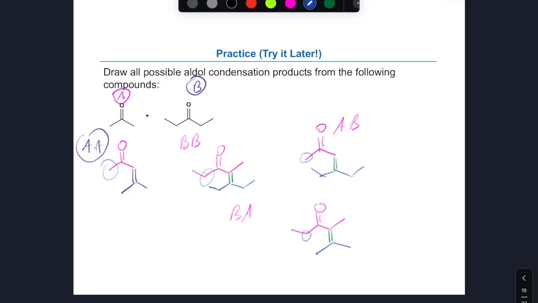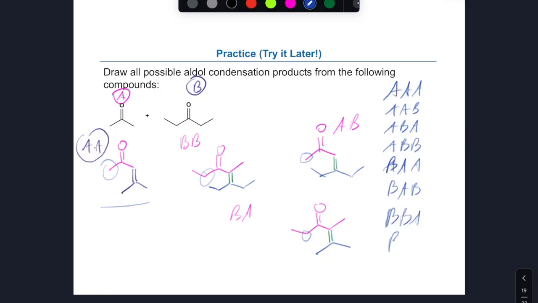Now each of these has different permutations, because you actually have three possible things that can add in. I won't draw those all out, but you can imagine that instead of just AA and BB, we could have AAA, AAB, ABA, ABB, BAA, BAB, BBA, and BBB.